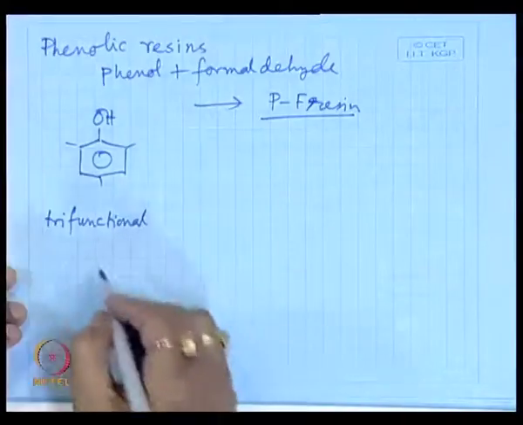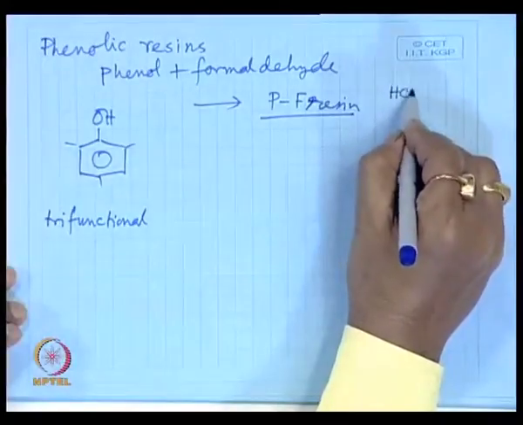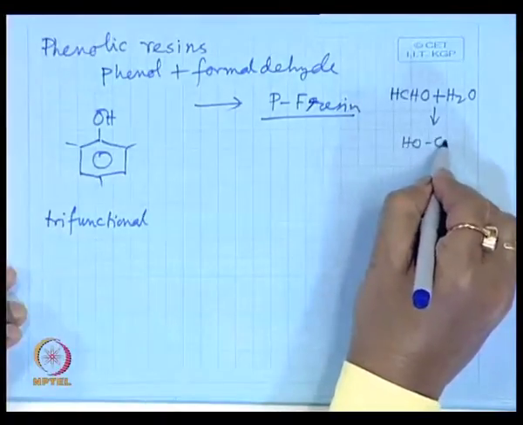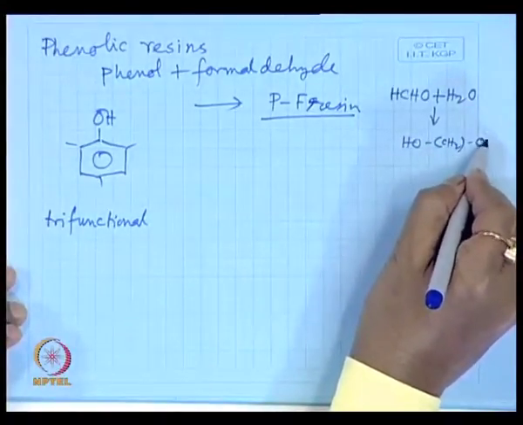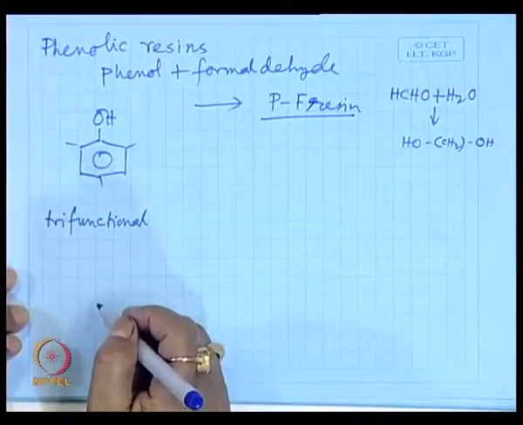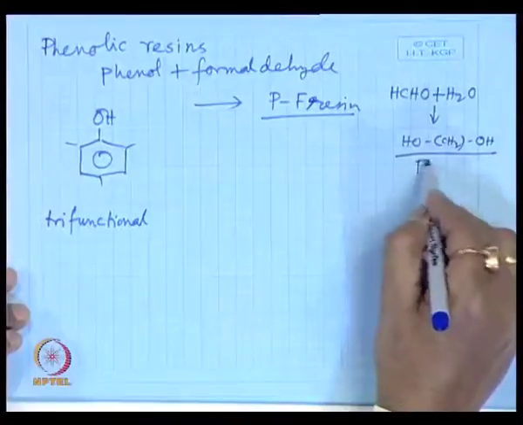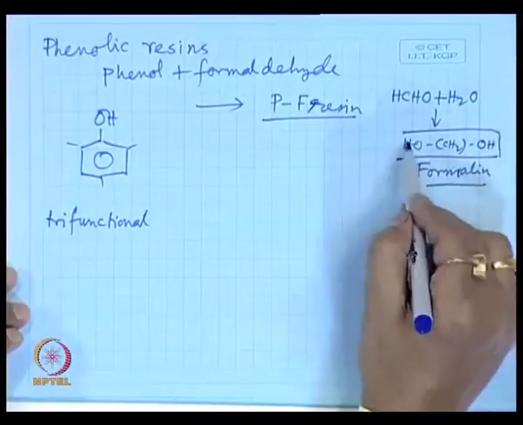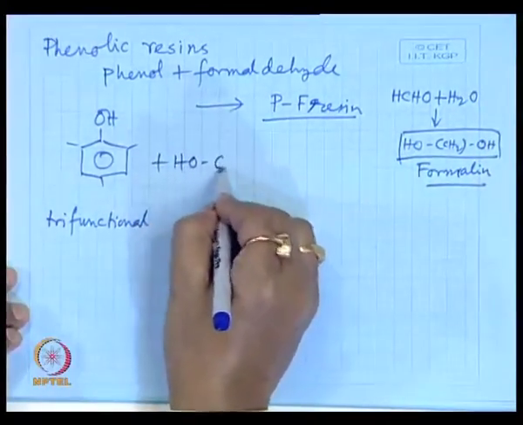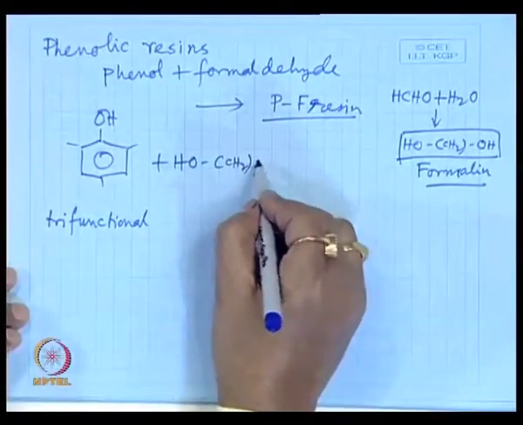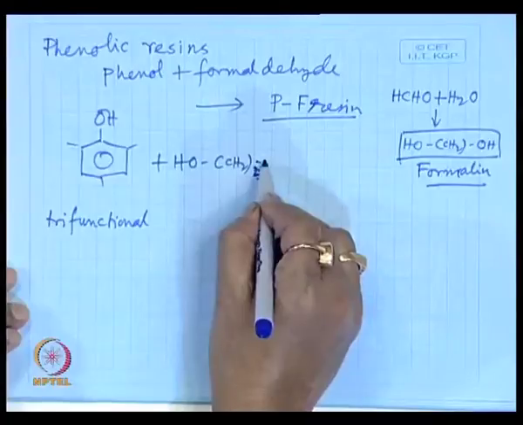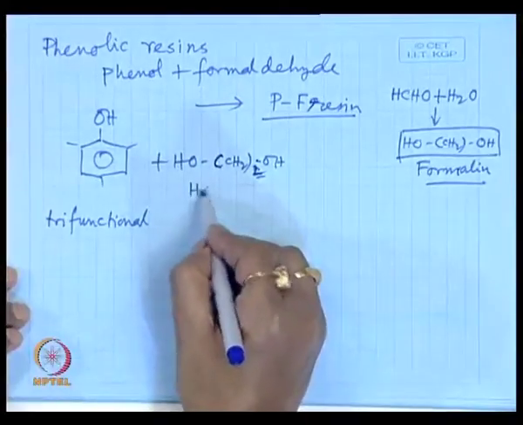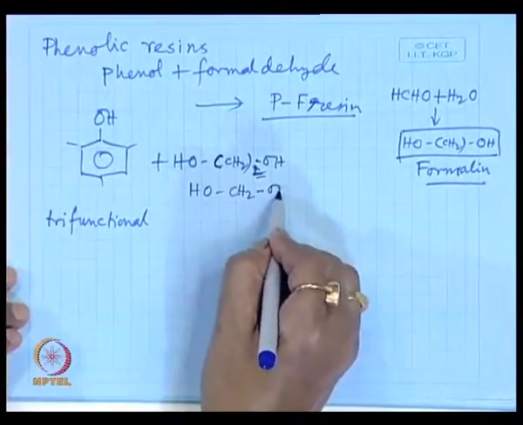So, formaldehyde in water is formalin. In formalin, we find this kind of chemical unit, methylene glycol.